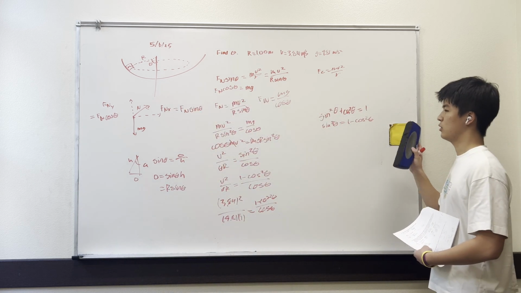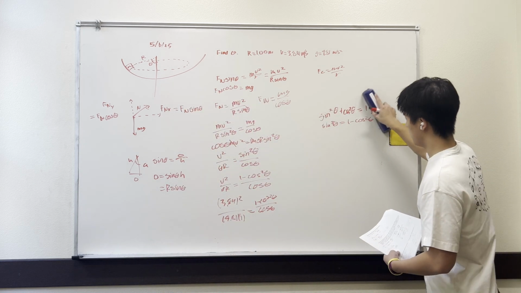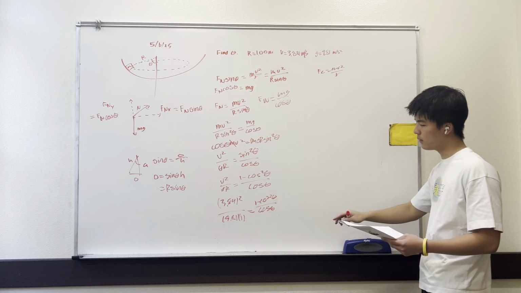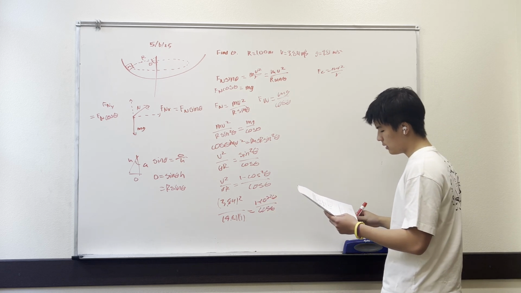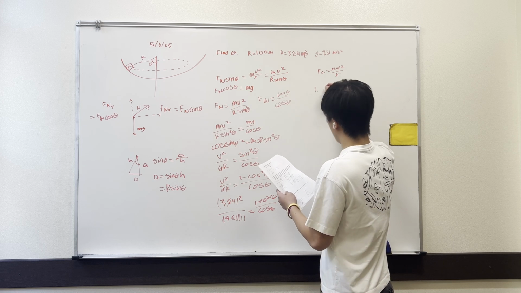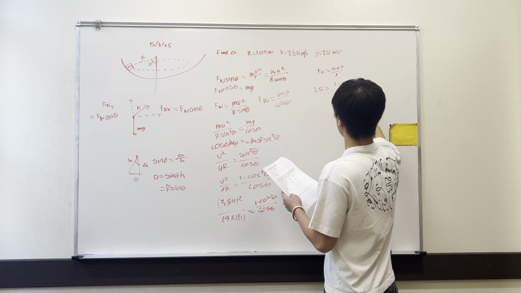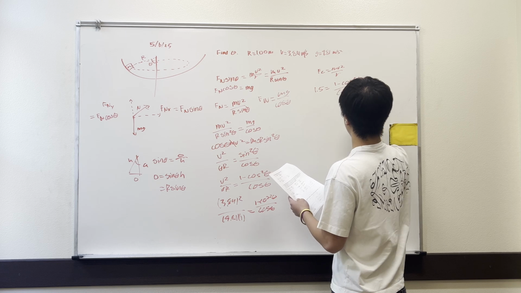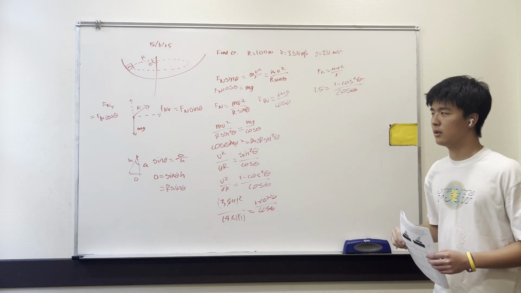This is something that you just need to know, and it helps us solve our question. If you plug that into your calculator, you should get 1.5 equals 1 minus cosine theta, and you have this right here.